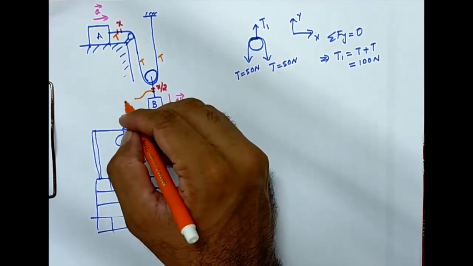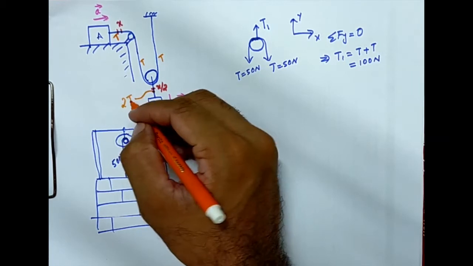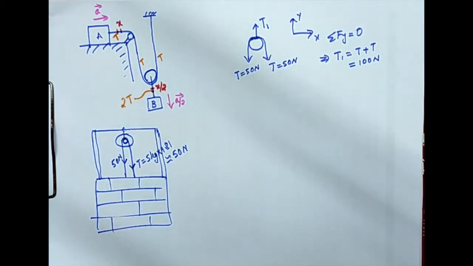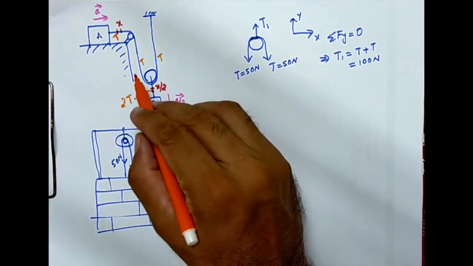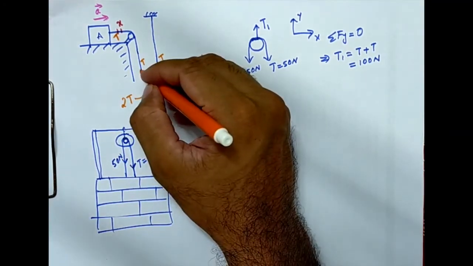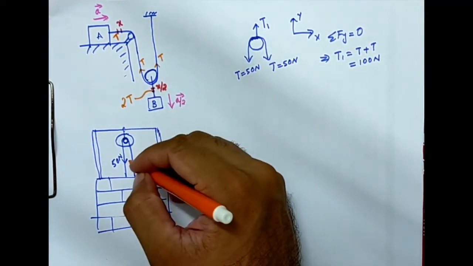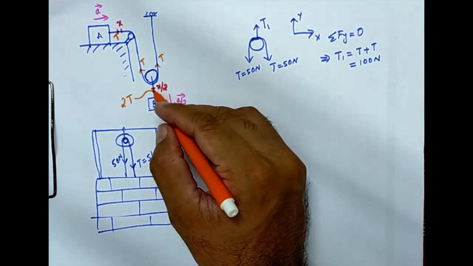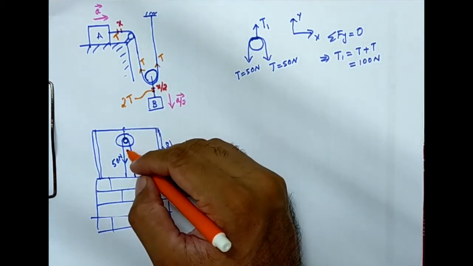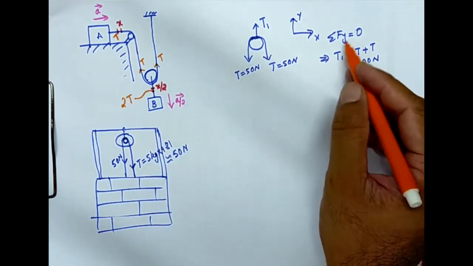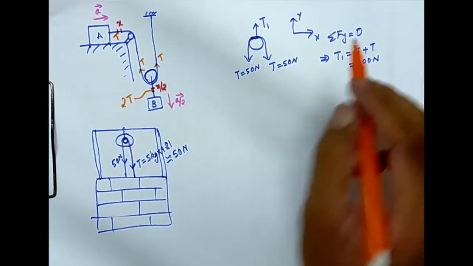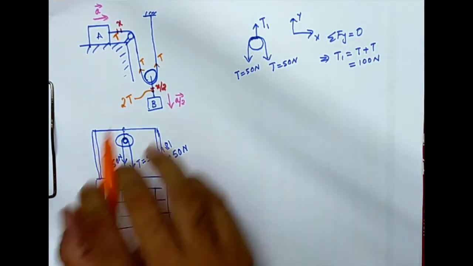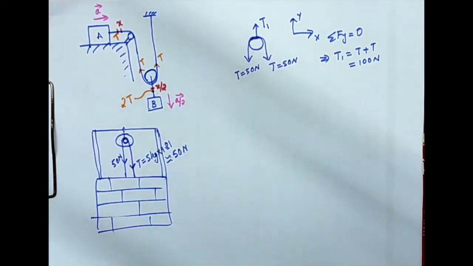The tension in this part will be 2T. That is another important aspect we need to consider. So there is T here, just like this case. So this cable will be experiencing 2T, just as in our well pulley case. So this is the diagram that we are going to handle.